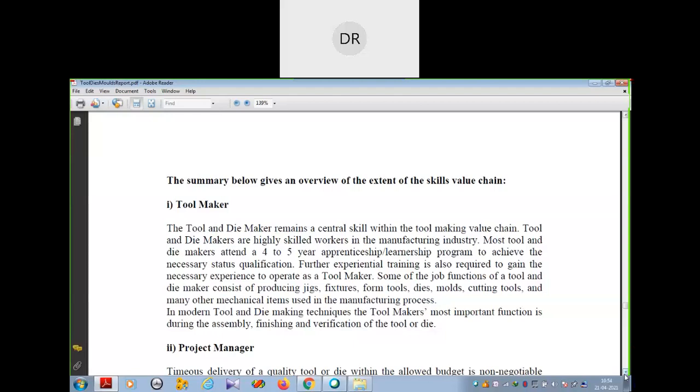Some of the job functions of a tool and die maker consist of producing jigs, fixtures, form tools, dies, molds, cutting tools, and many other mechanical items used in the manufacturing process. In modern tool and die making techniques, the tool maker's most important function is during the assembly, finishing and verification of the tool or die.